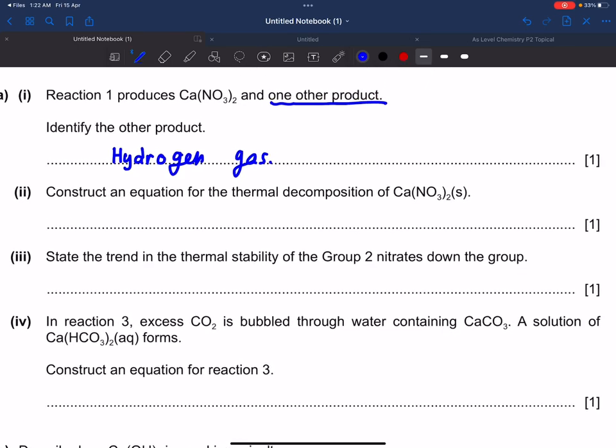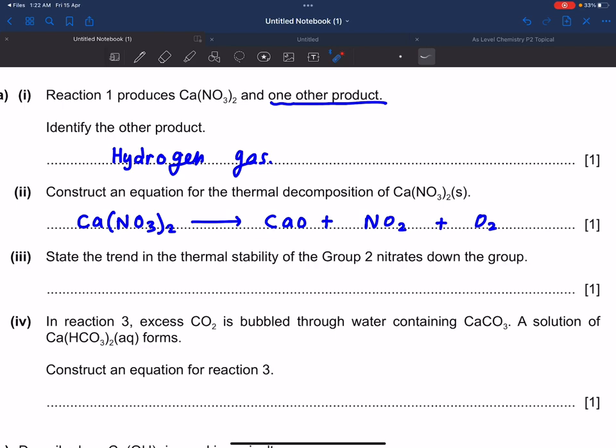Construct an equation for thermal decomposition of calcium nitrate. Whenever group 2 nitrates decompose, they form group 2 oxide, nitrogen dioxide and oxygen. But you have to balance these equations. How are you going to balance? There are 6 oxygens on the left, and 1, 2, 3, 4, 5 here.